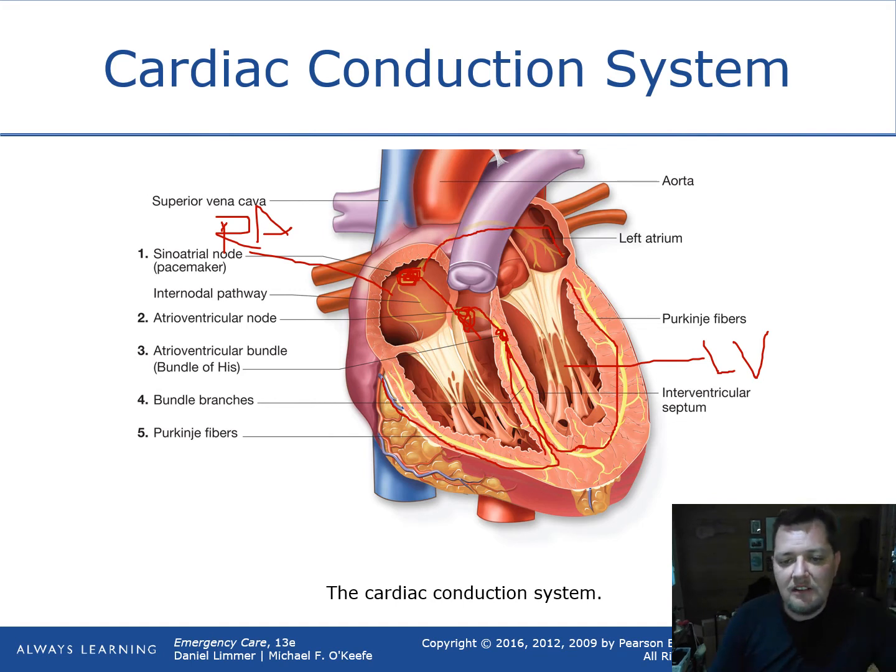So if there is a problem, let's say AFib is a big one. So atrial fibrillation is where the top of the heart quivers, and it didn't get set off right. Okay, so we probably know somebody who has AFib, or atrial fibrillation. We know somebody who lives with it.